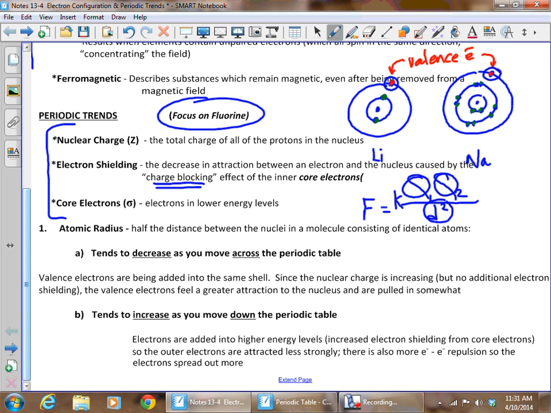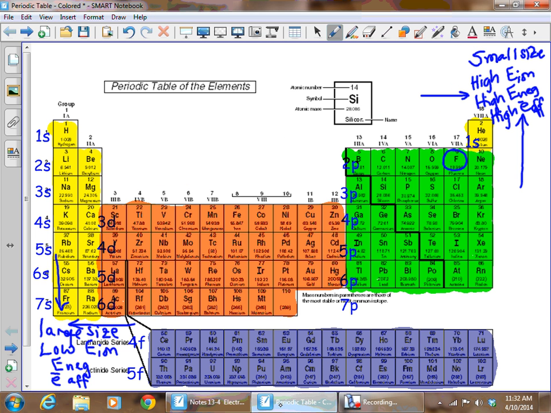So for atomic radius, we're going to be using all of those concepts to explain why the atomic radius changes the way it does. Now, if you look back at the periodic table, it makes total sense to explain why lithium, that we've already drawn with its electron out here, is smaller than sodium.